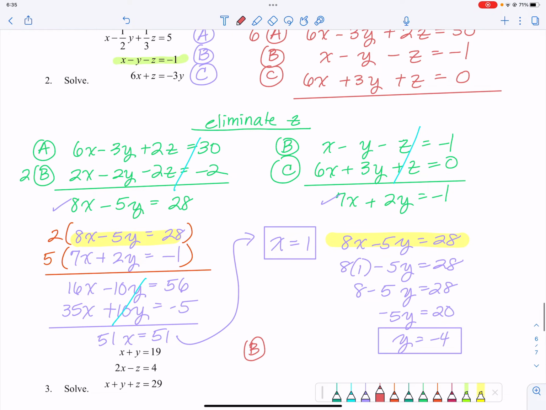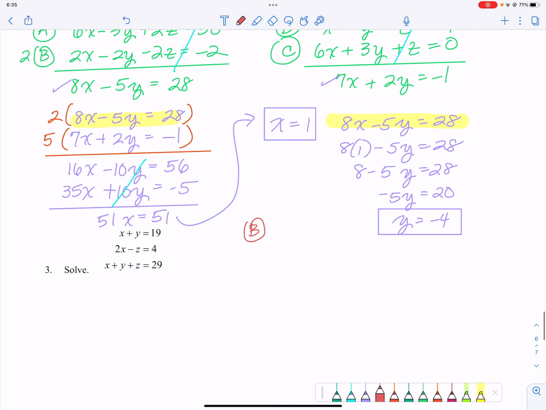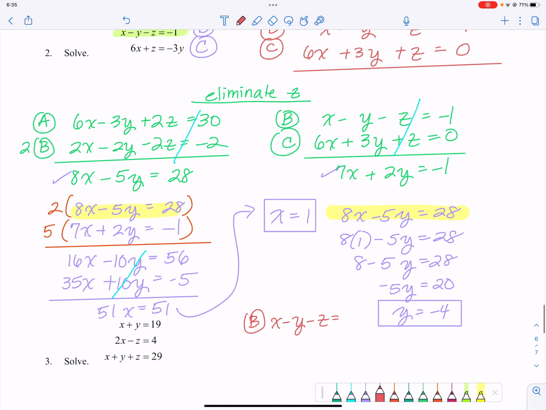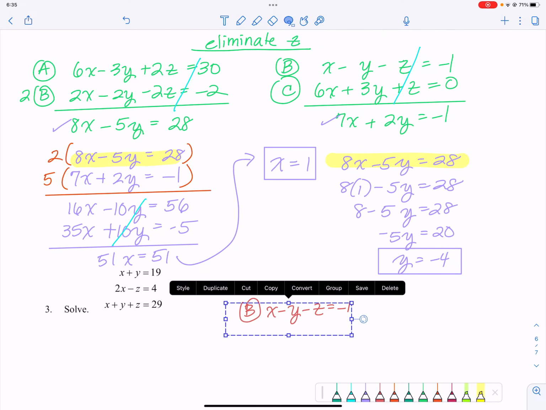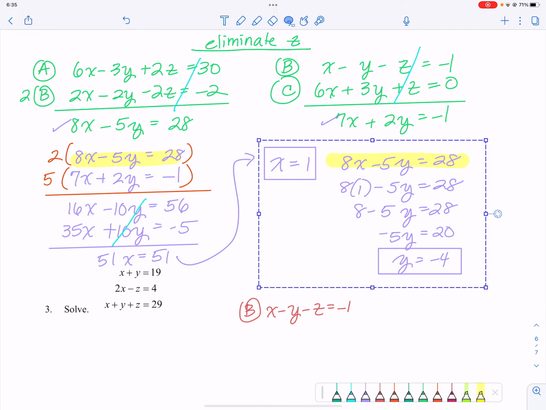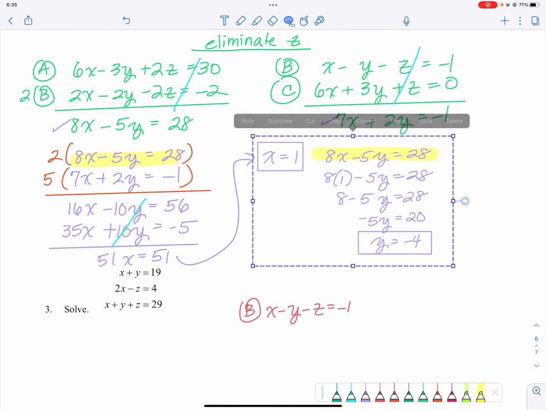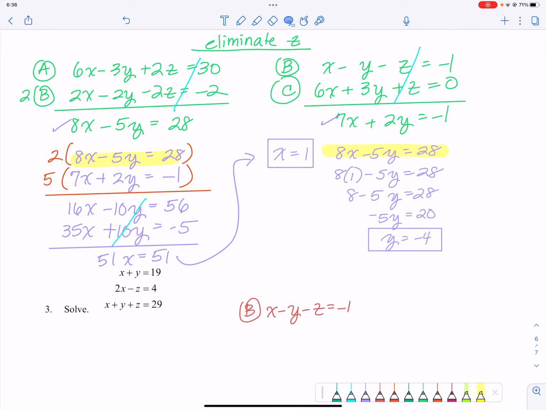And equation B was x minus y minus z is equal to negative 1. I am definitely running out of room here. Let's see if I can raise that up and maybe make that a little bit smaller.